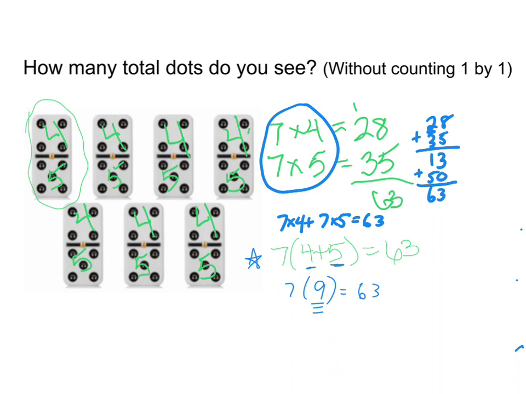We can rename 7 times 9 as 7 times the quantity of 4 plus 5, and we can see it on the dominoes. Then my sentence that I wrote above was another expression using the distributive property idea: when you do 7 groups of 4 plus 5, you can actually do 7 groups of 4 and 7 groups of 5, and then add them together.